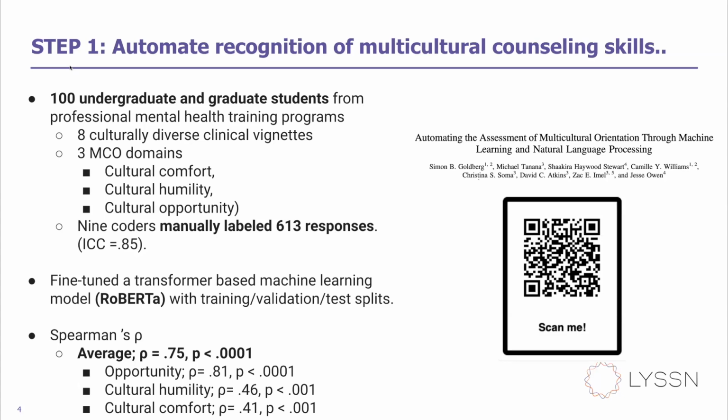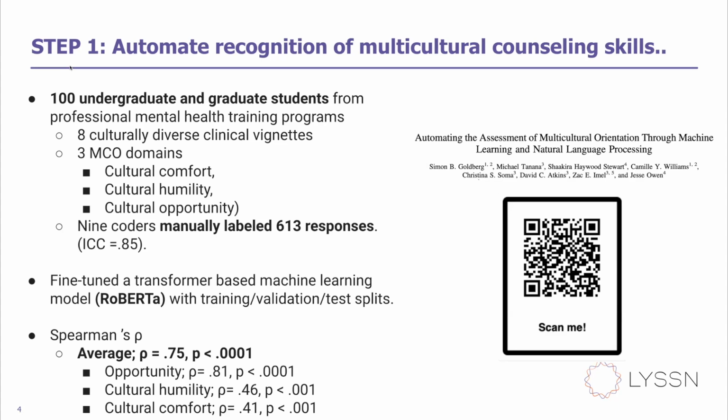And here are the initial results from that project, where overall our average was a Spearman's rho of 0.75, which is pretty good, but you can definitely see that there is some variability in performance here. For aspects of humility and comfort, we just weren't as good as others.